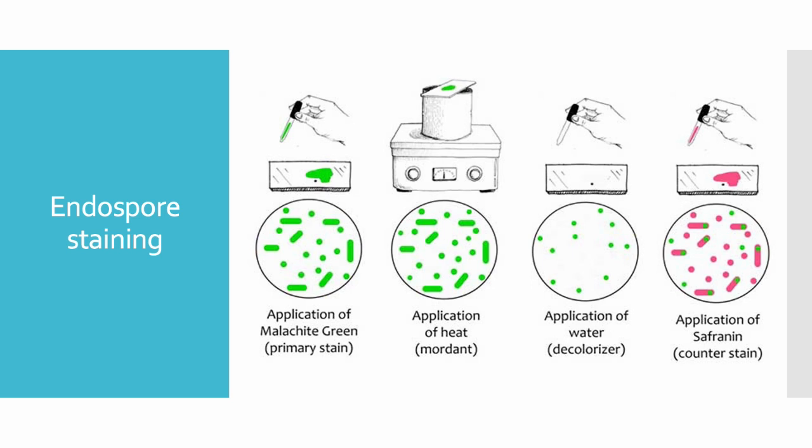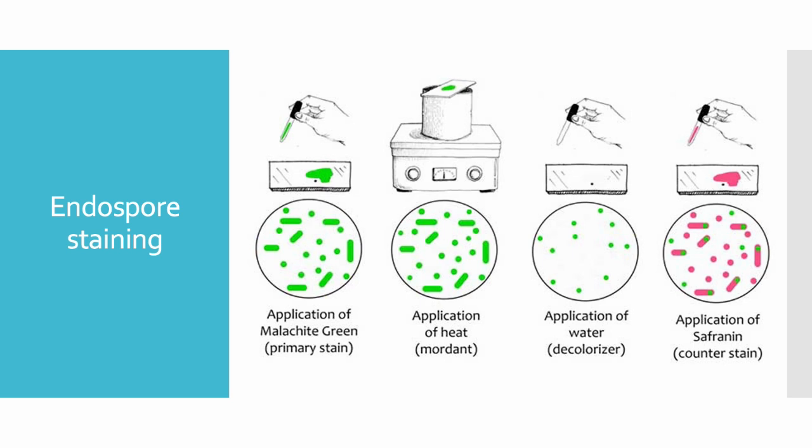If you apply an ordinary method of staining, for example gram staining, this waxy membrane will not let any dye penetrate. It doesn't matter whether it's gram-positive or gram-negative. Any dye will not be able to penetrate this cell wall because of this waxy membrane.